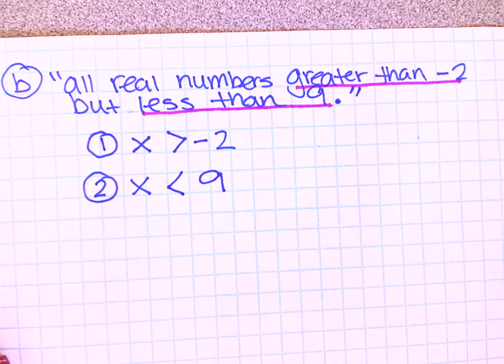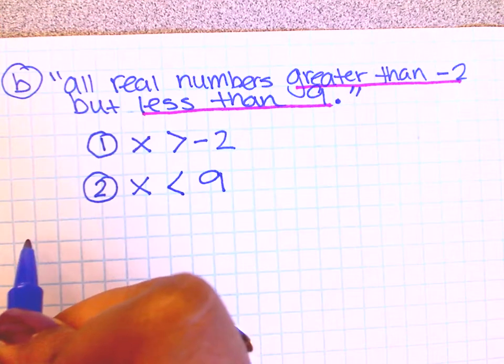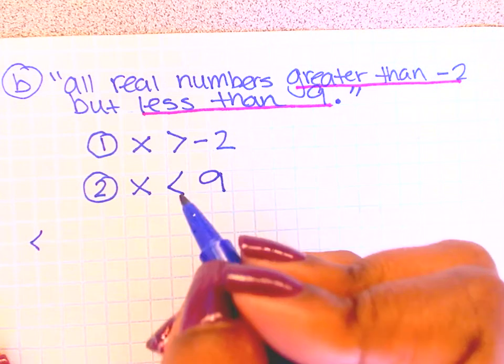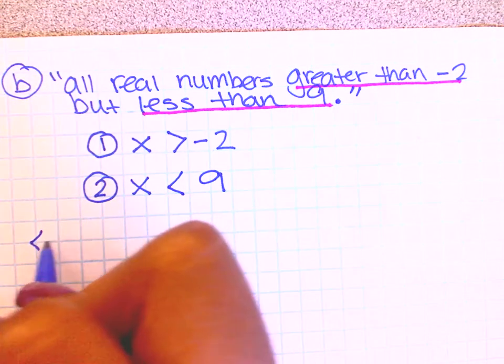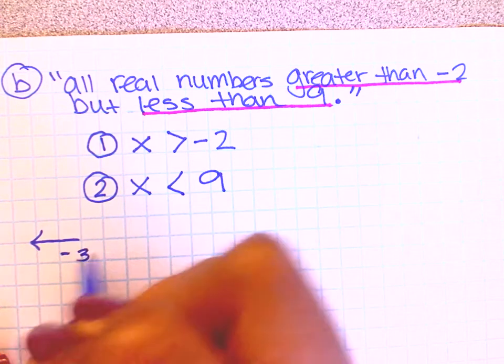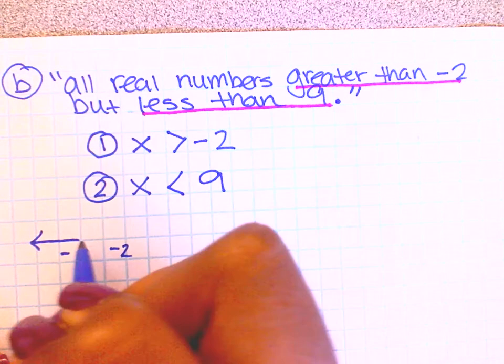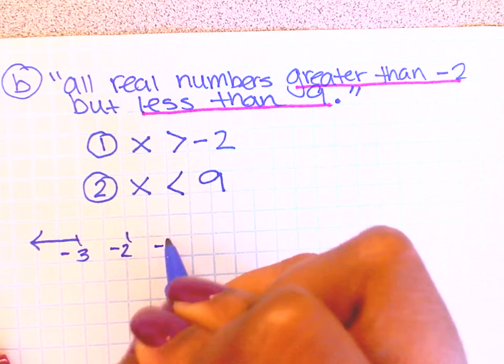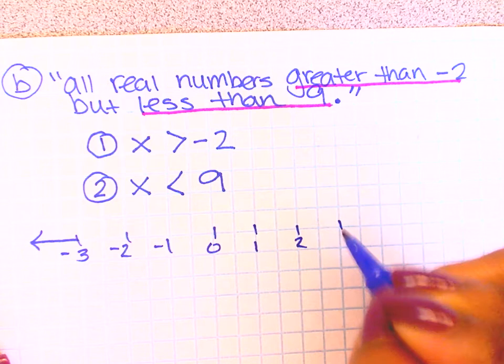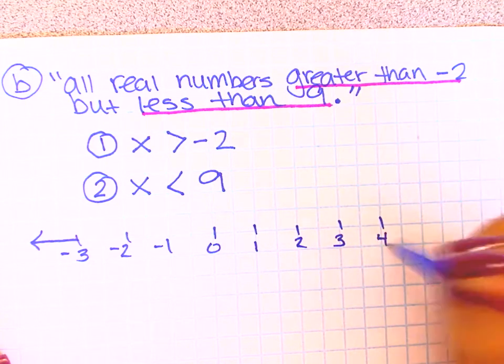So then, step 2, I'm going to graph. So let's see, -3, -2, -1, 0, 1, 2, 3, 4.